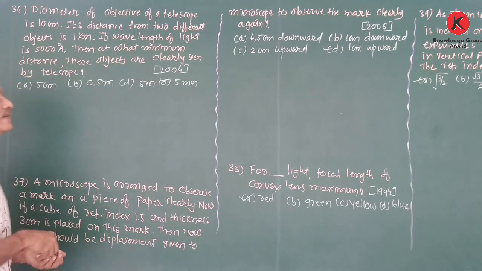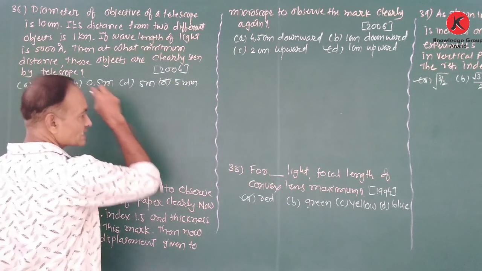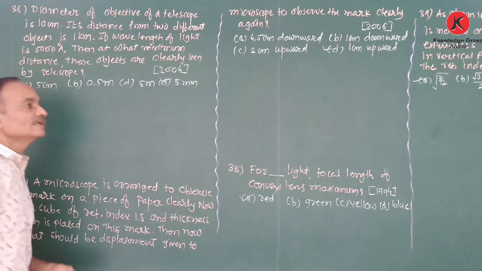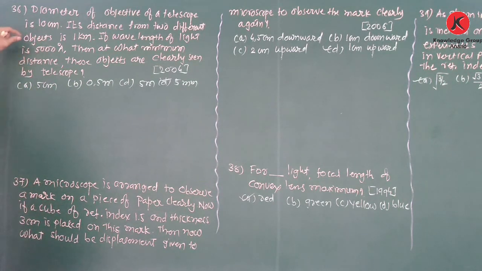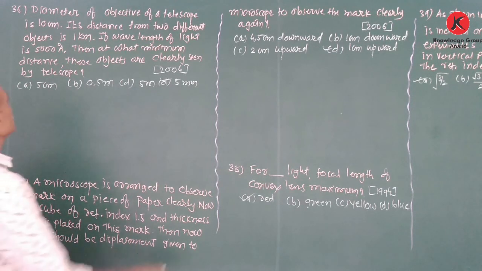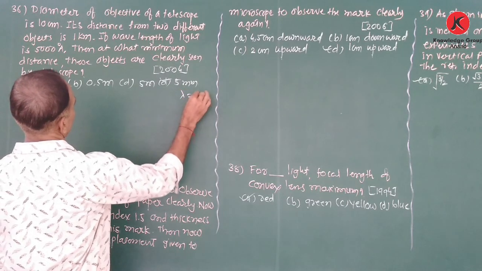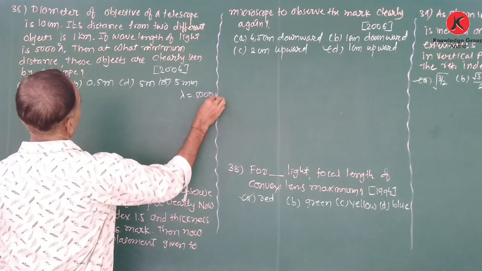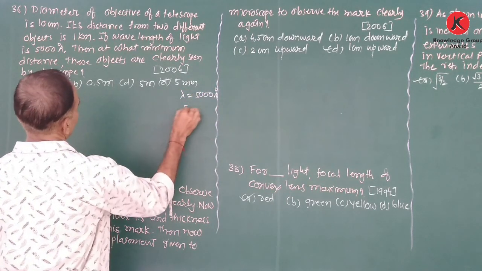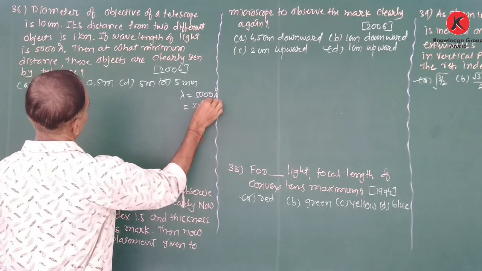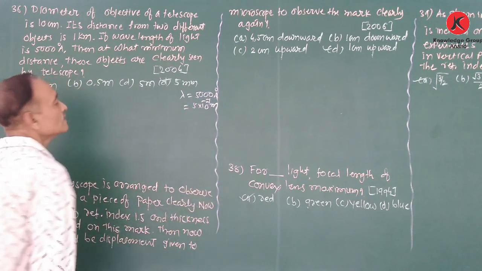The diameter of the telescope is given as 10 centimeter. And the distance from the two different objects is 1 kilometer. Wavelength is given 5,000 angstrom, therefore 5 into 10 is to minus 7 meter.